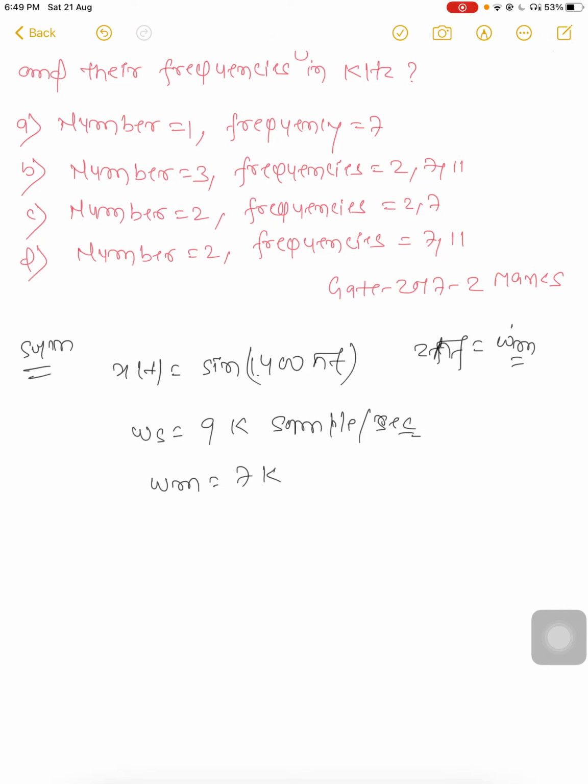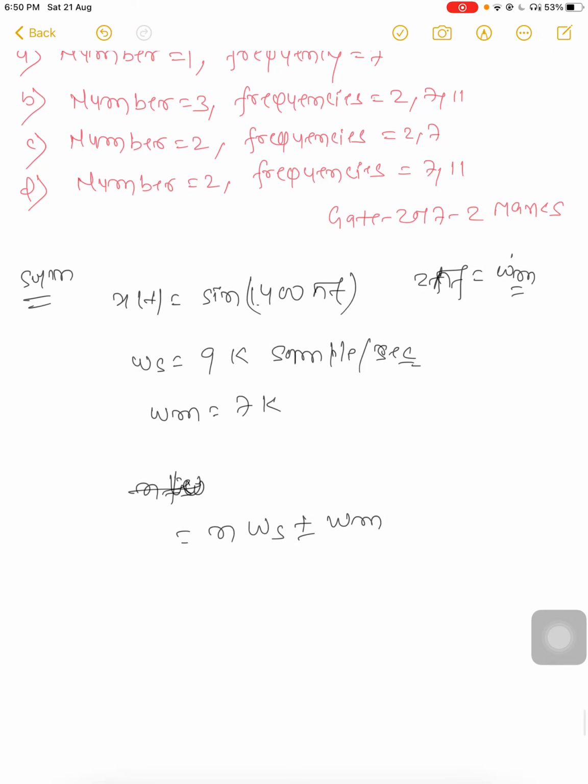After sampling, what will happen? The spectrum will be at n fs plus or minus fm.